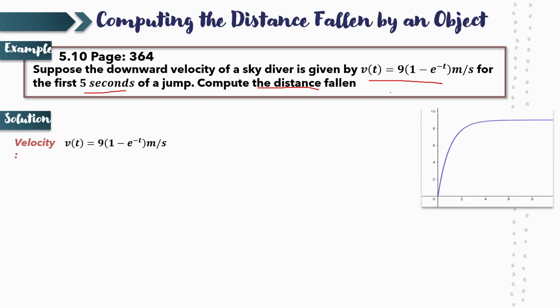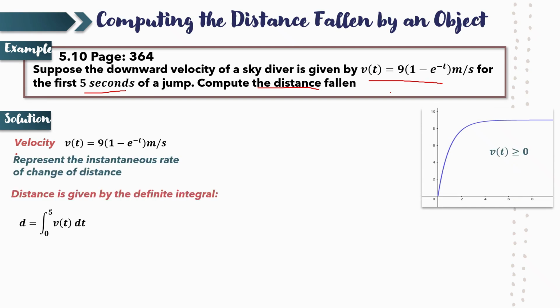Antiderivative, 0 to 5 interval. You will be finding the antiderivative of the given function, with the lower limit 0 and the upper limit 5. You can use the calculator or proceed to find the antiderivative manually. We open the bracket, so we get 9 times 1 and 9 times e to the power negative t.